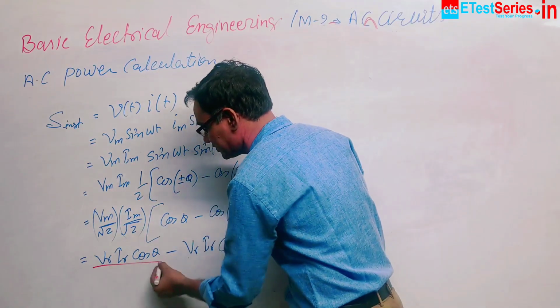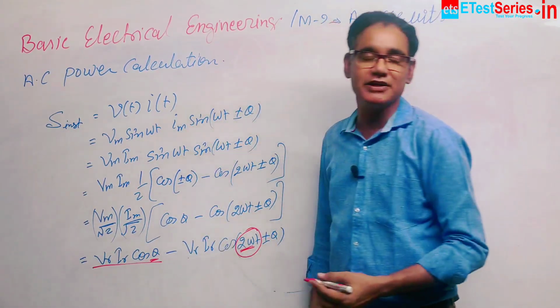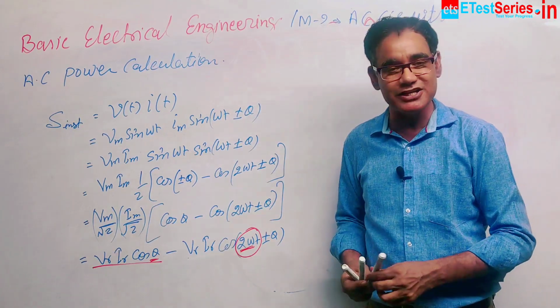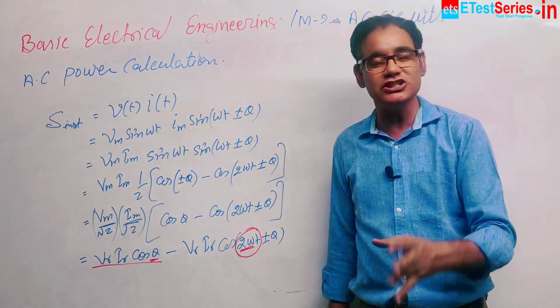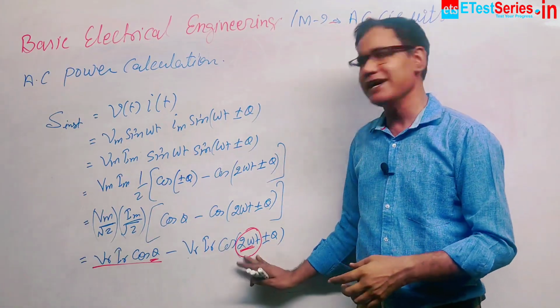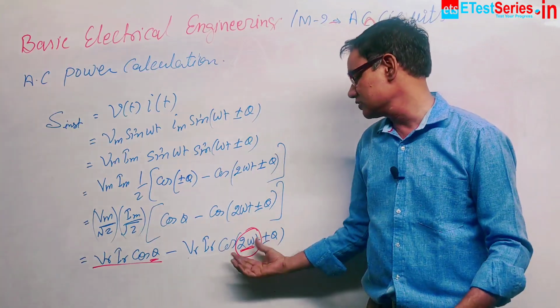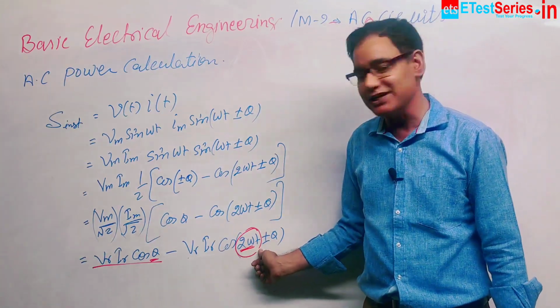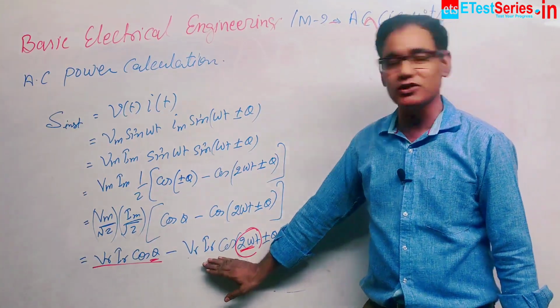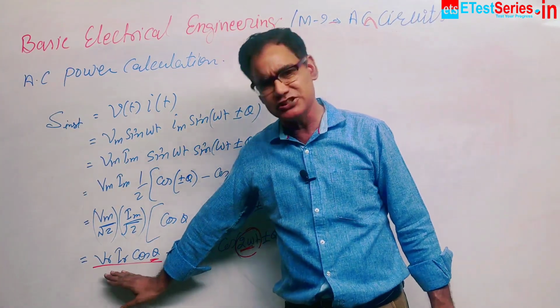Here there is no omega, it doesn't depend on omega. So it is the average, the DC component of the power, and the other is the alternating AC component. If we take the average, this component becomes 0 over the whole cycle, and the other does not depend on the cycle, so it remains the same.